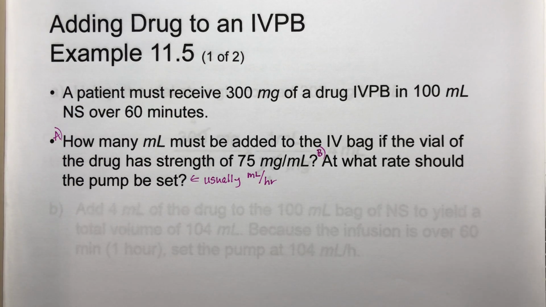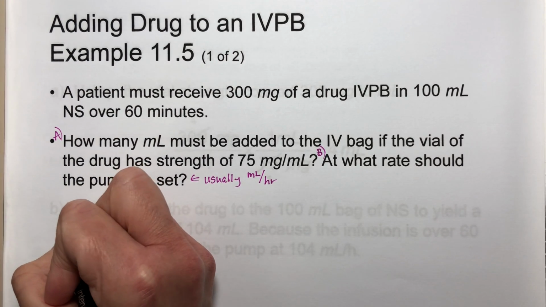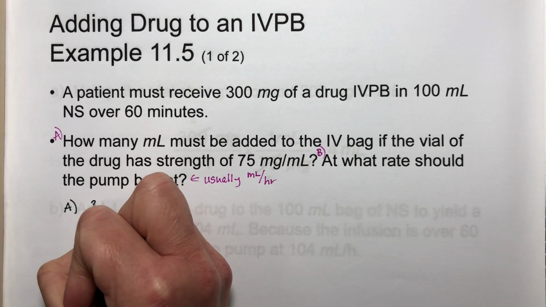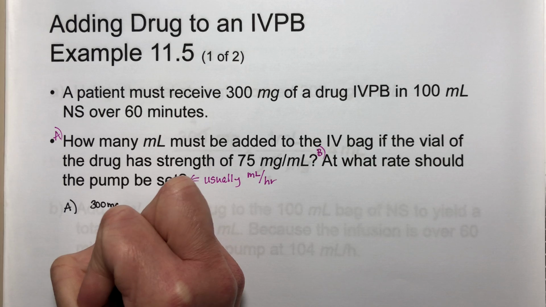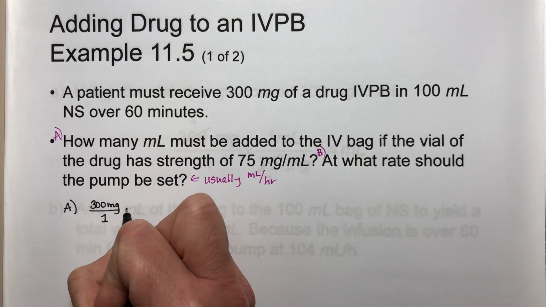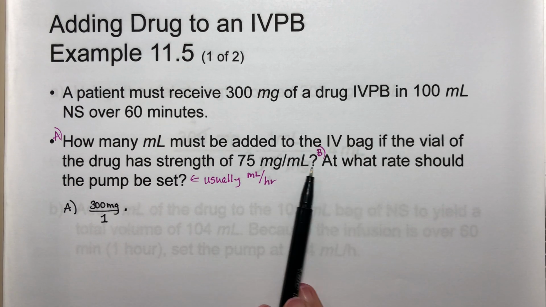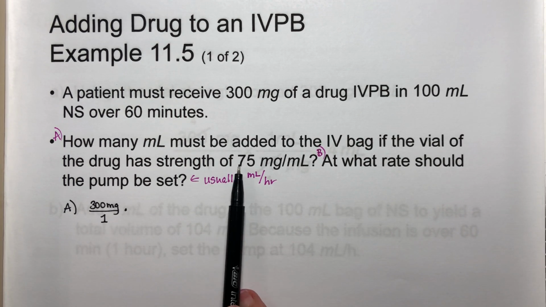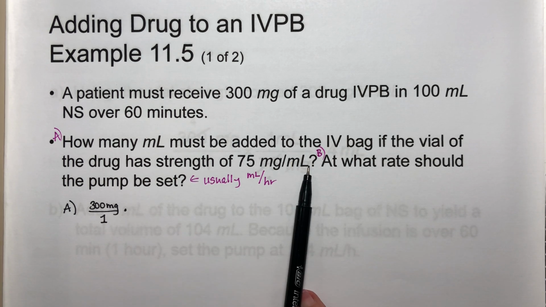Okay, so for part A, we take the drug that we want, 300 milligrams, and put that over 1 times. My drug has 75 milligrams per milliliter.